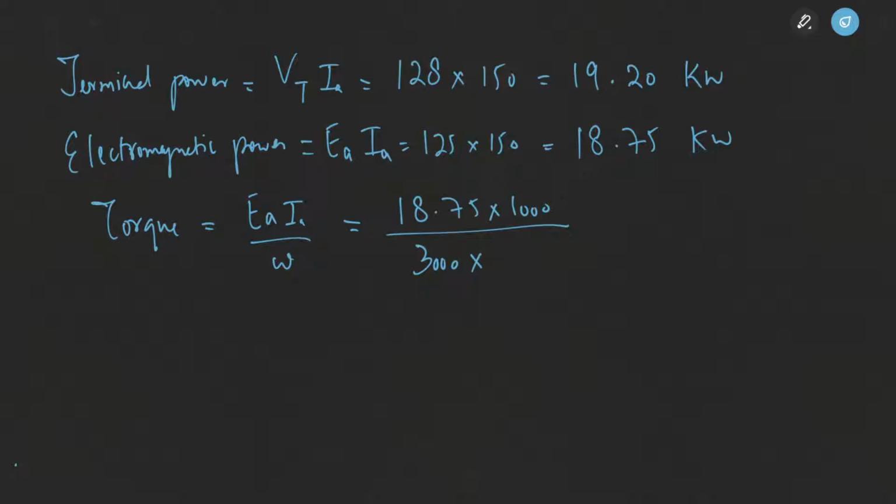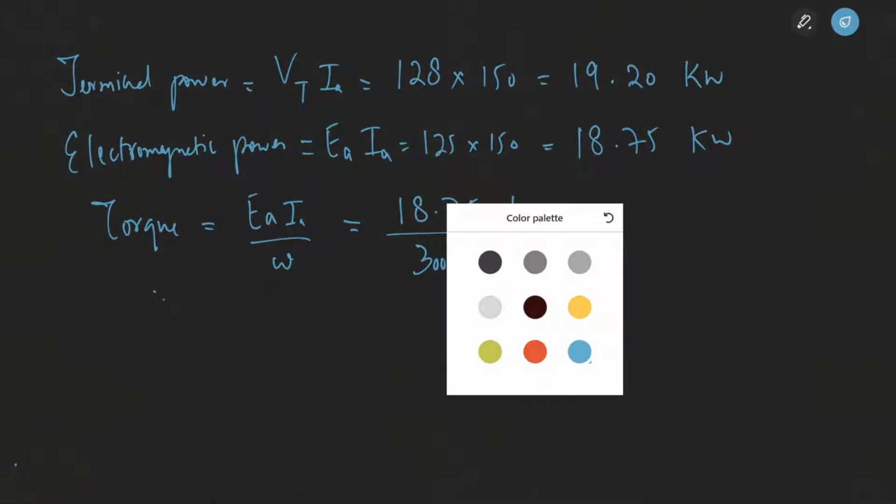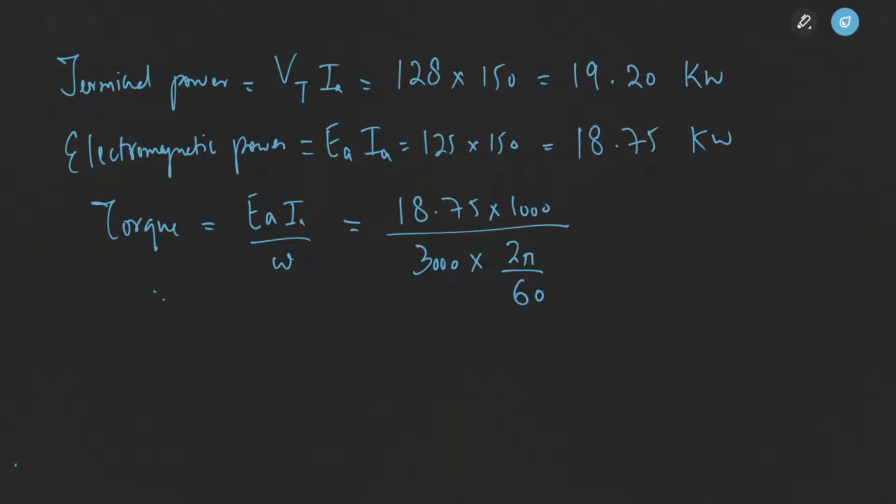RPM does not represent the SI unit of the motor, so 3000 into 2 pi divided by 60. If we calculate this, it will come out to be equal to 59.7 newton meter.